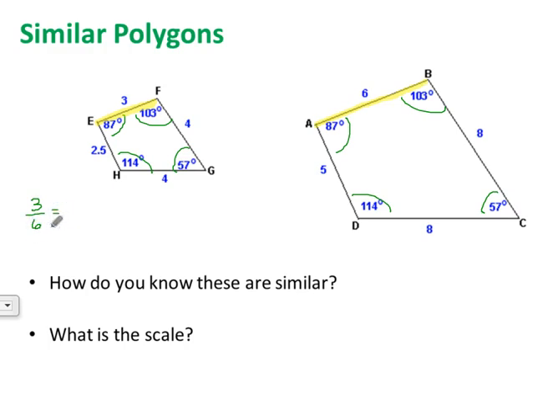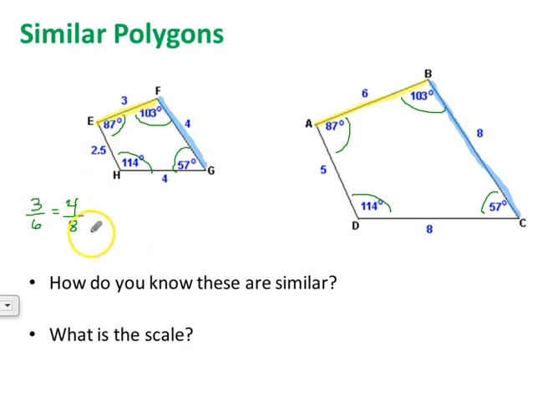Then let's compare it with another set of corresponding sides, this side here and this side here. We can use any 2 sides; I'm just going with the ones that are next to each other: 4/8. Are these ratios in fact proportional? 3/6 reduces to 1/2, and so does 4/8. So these are in fact proportional.